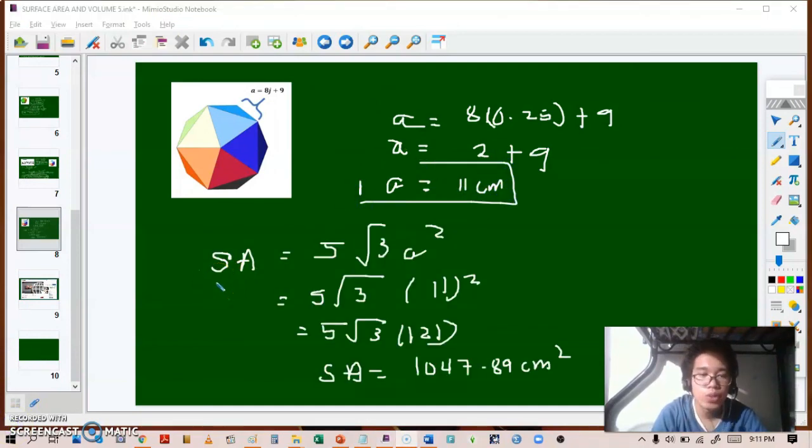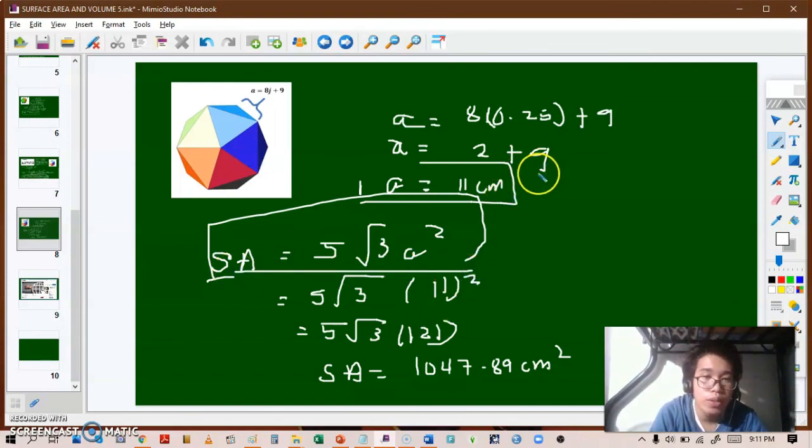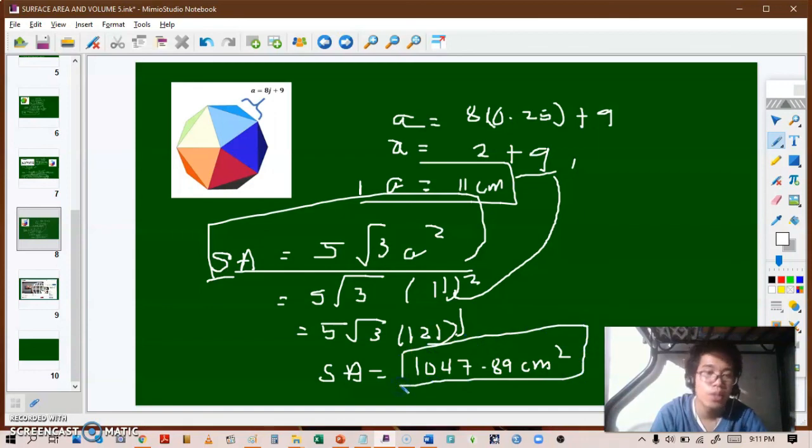Now we have the surface area formula for an icosahedron: 5 times the square root of 3, times a squared. We know the value of A we solved is 11 centimeters, so we substitute 11 for A, giving 11 squared, which is 121. The square root of 3 times 5 times 121 gives 1047.89 centimeters squared.